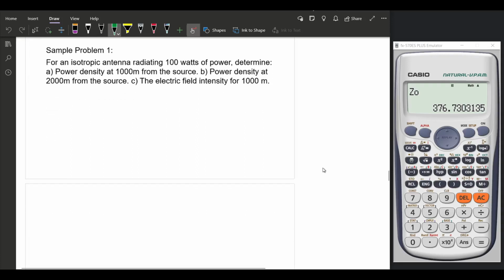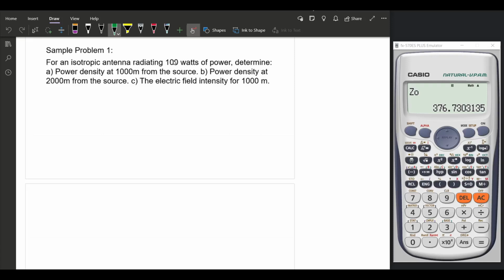Sample problem 1. For an isotropic antenna radiating 100 watts of power, determine the power density at 1,000 meters from the source, the power density at 2,000 meters from the source, and the electric field intensity for 1,000 meters. Let's start with part A, the power density at 1,000 meters from the source.